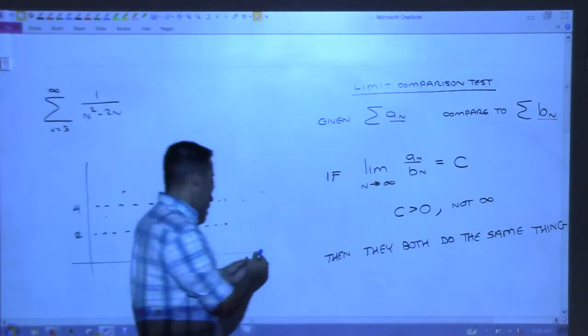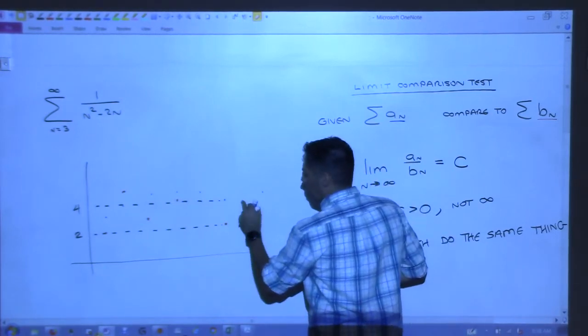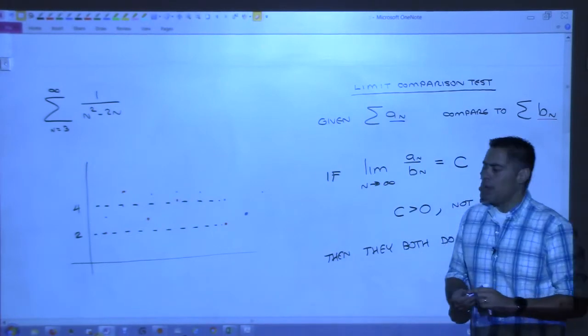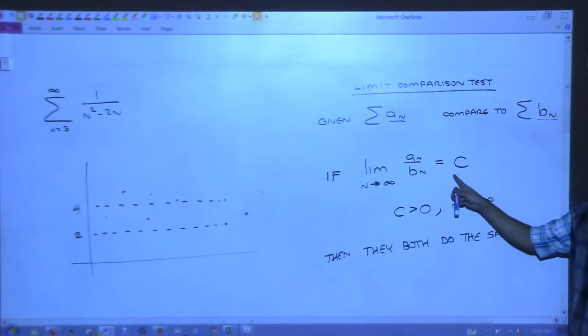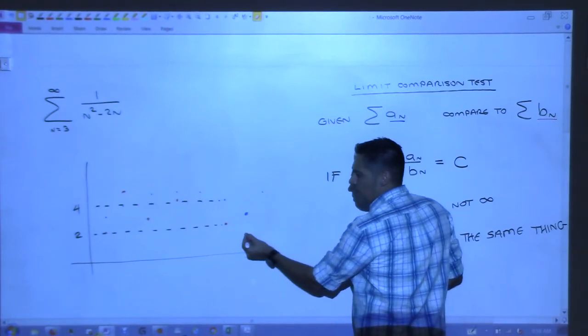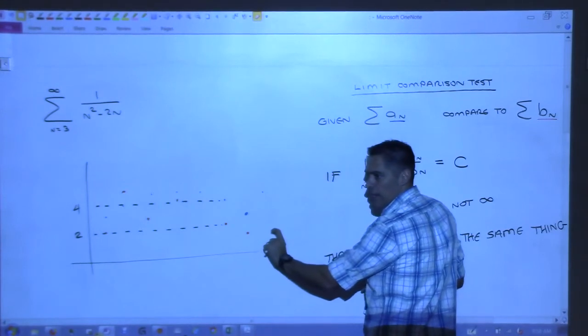Now, what if we move out here, and now the blue one has come down. But we should be having a constant ratio. That means the red one would have to go down, right? So if I take that and divide it by that, that ratio would be 2 again. Make sense?